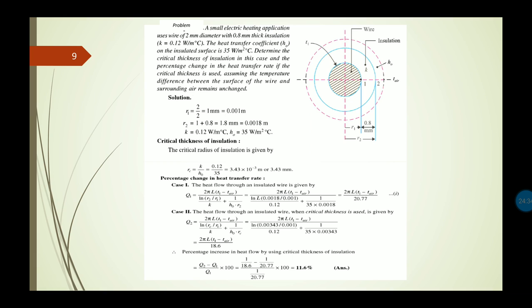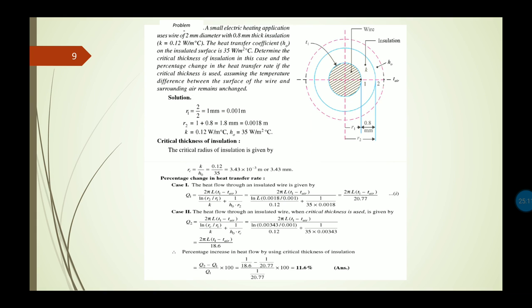Now in the question, it is given that we need to use the critical thickness. When we use the critical thickness, what will be the heat flow? The formula will change. So the formula of Q2, the heat flow through the insulated wire, will be 2 pi L (T1 minus T air) divided by ln(RC by R1) divided by K plus 1 by H naught into RC.